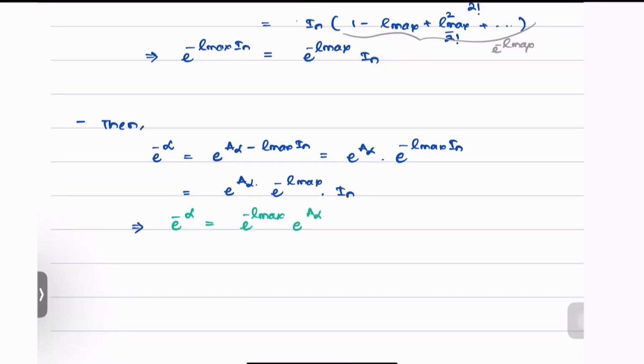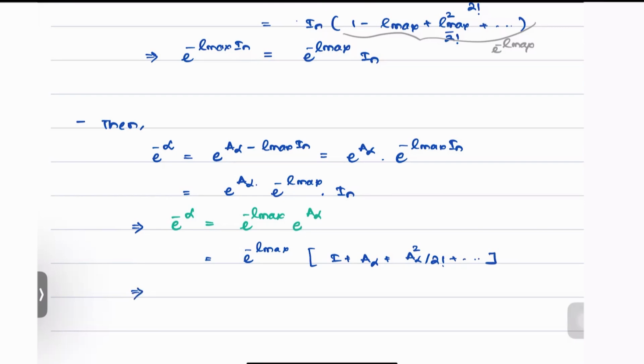What is e raised to the power A alpha? Let's simplify it a bit more. We can further simplify and write it in this manner. This is equal to e raised to the power minus alpha, minus L max, times, now let's do a power series expansion of the second term: I plus Al plus Al squared over 2 factorial, and so on.